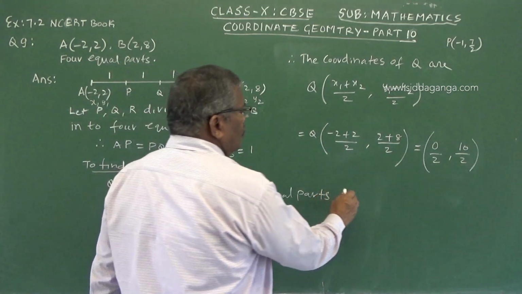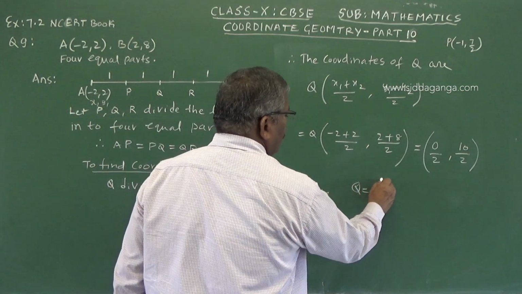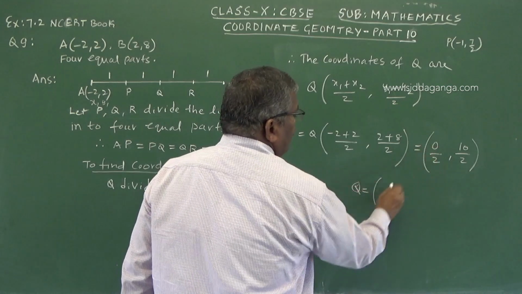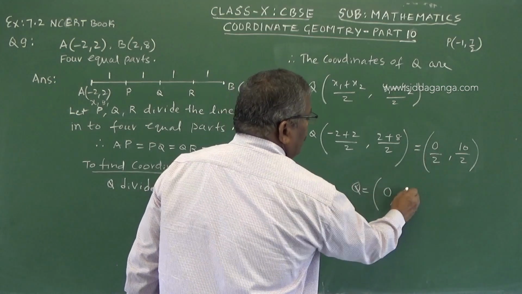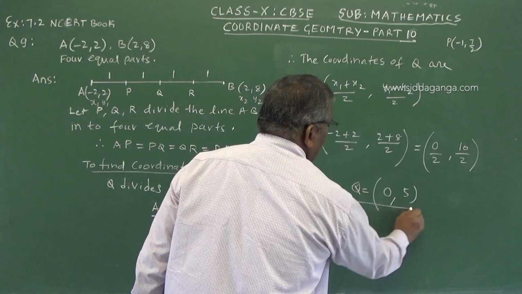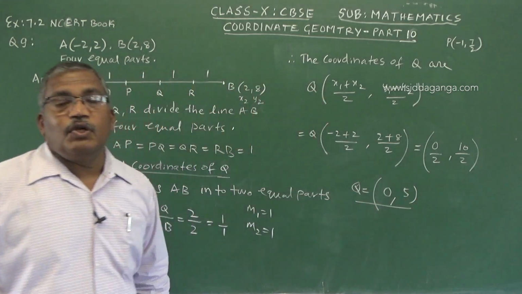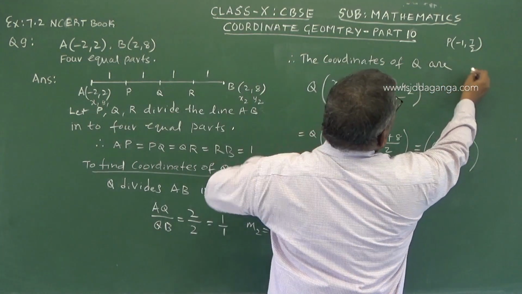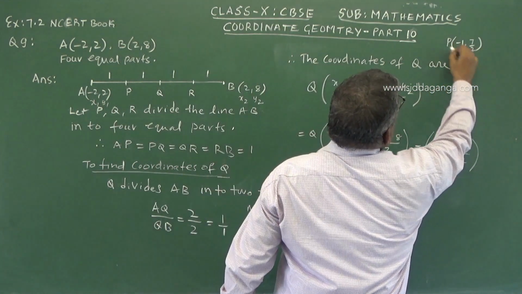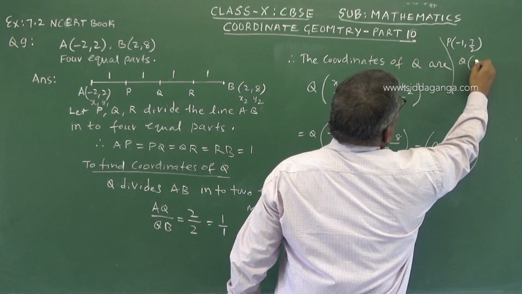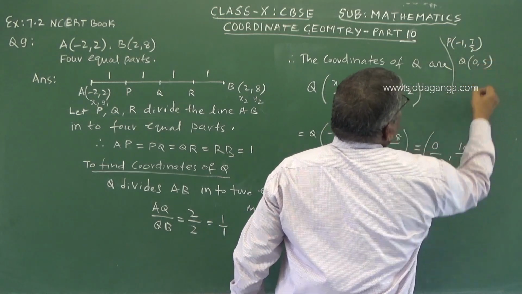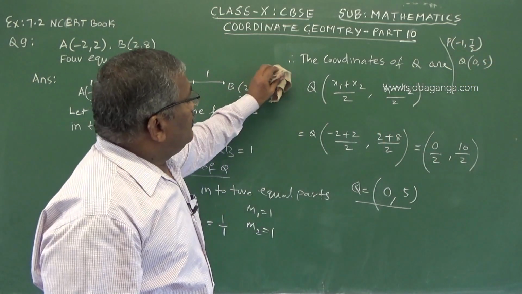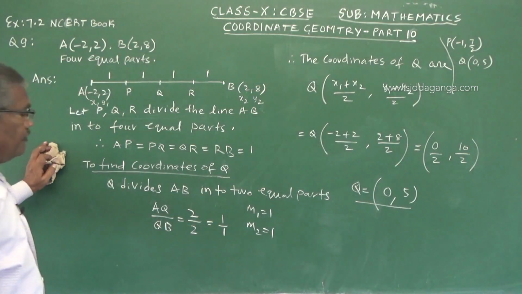So Q will be equal to 0 by 2 is 0, 10 by 2 is 5. So these are the coordinates of Q. I will write here Q values 0, 5. Now I will erase this.